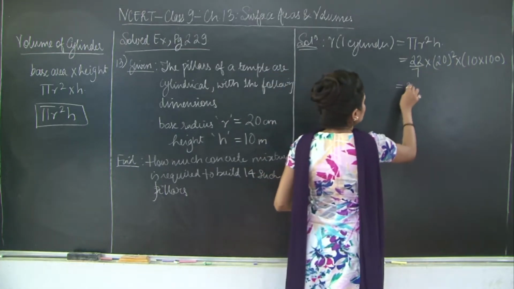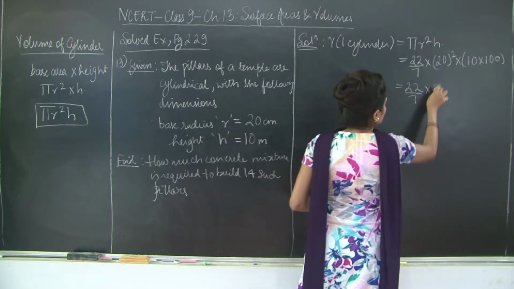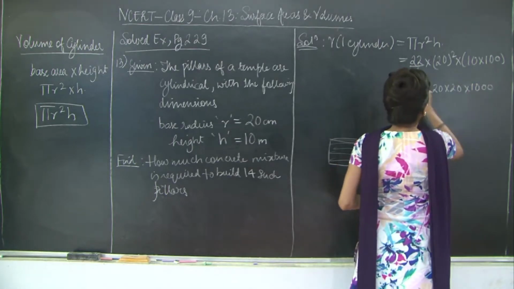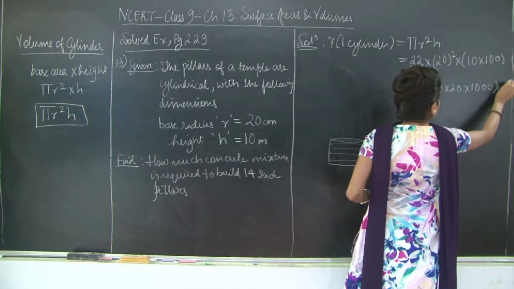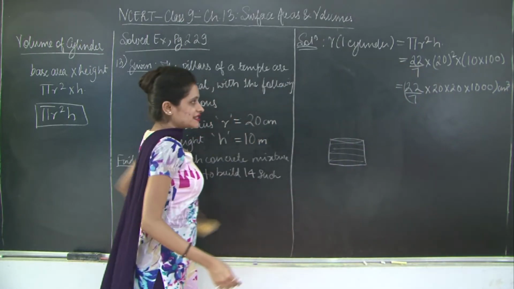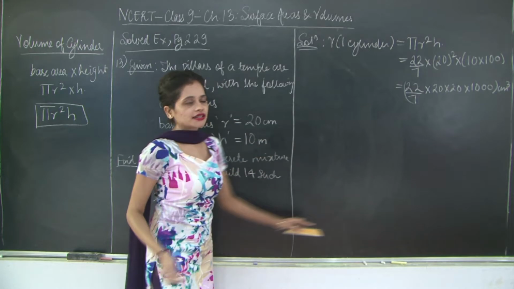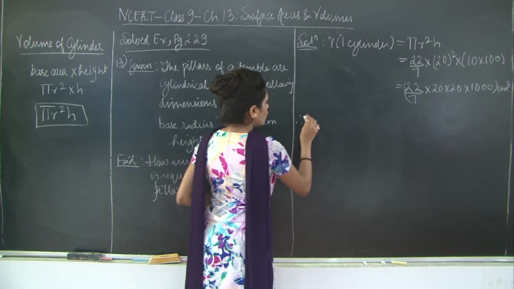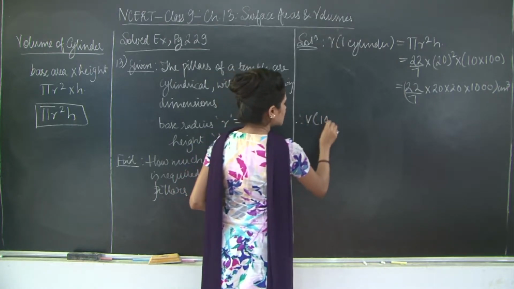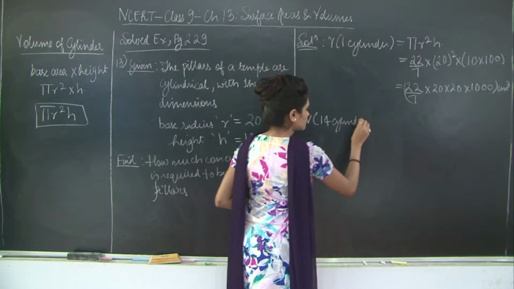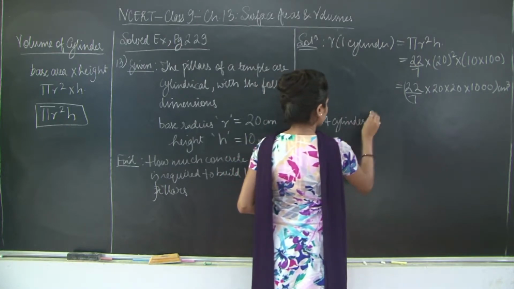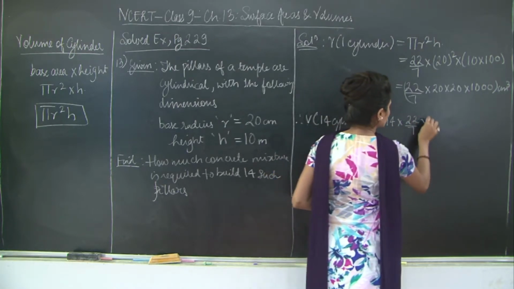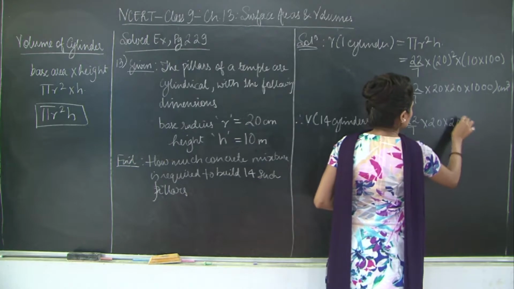So this is going to be 22 upon 7 into 20 into 20 into 1000 centimeter cubes. So this is the volume of one cylinder, therefore volume of 14 cylinders is going to be this entire equation into 14. So volume of 14 cylinders is equal to 14 into 22 upon 7 into 20 into 20 into 1000.